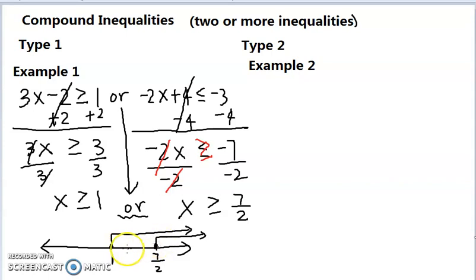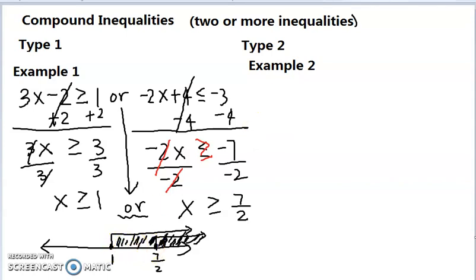So the numbers can either be here, all of these, or these numbers. As you can see, these numbers are already included in the solution of the first one. So that will give us all the solutions. So it's either here or there, as we can see from the graph.